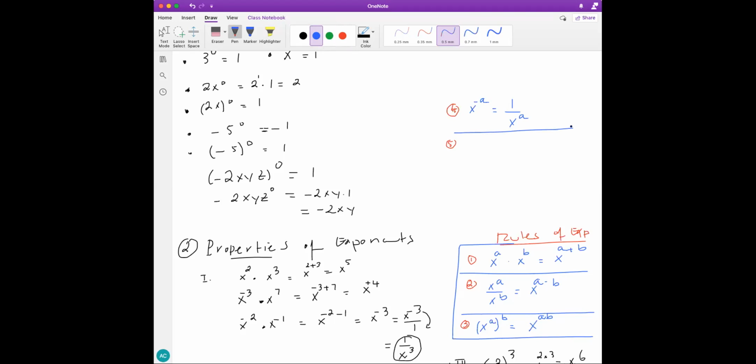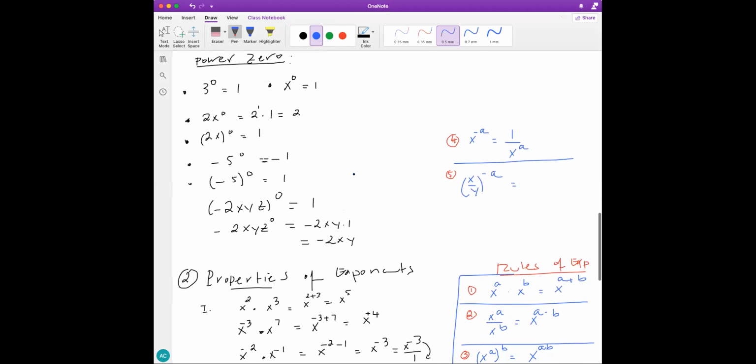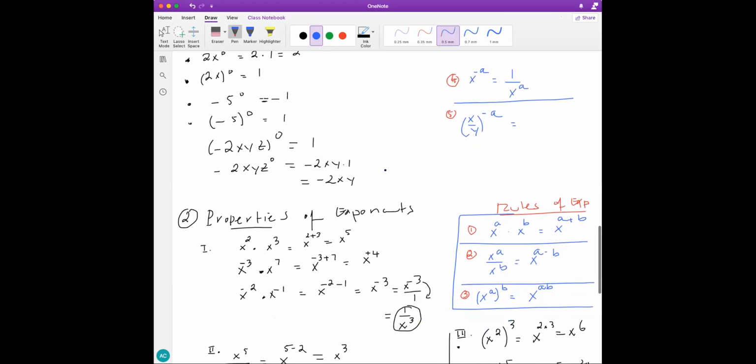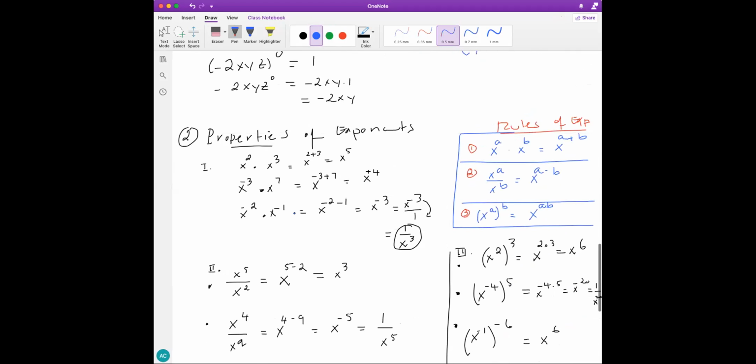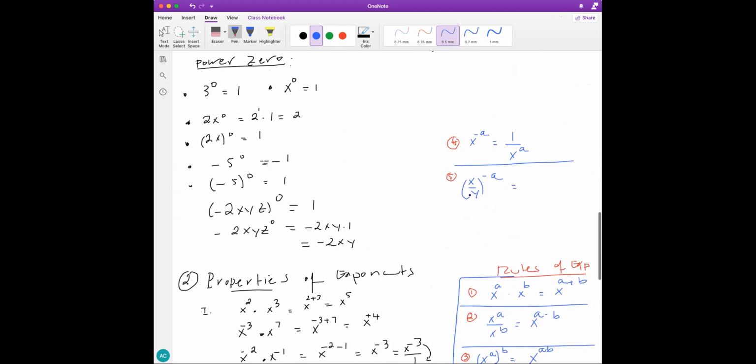So this is 4. The other one is, what if you have a whole fraction, x over y, the whole thing raised to a negative power? How do you make this power positive again? You would flip them. That's right, we flip the entire fraction. If you have an entire fraction in parentheses raised to a negative power, the negative belongs to the whole thing.